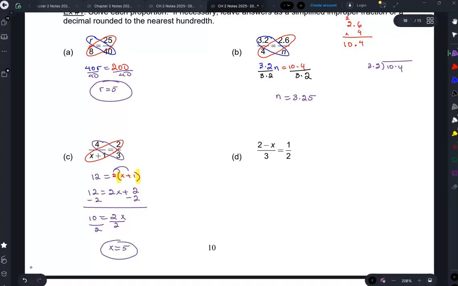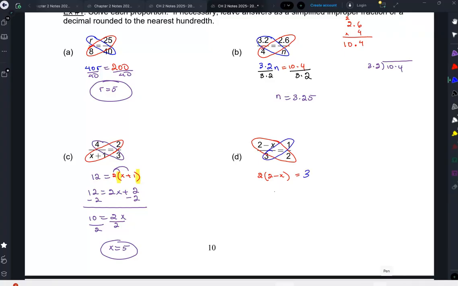Okay. Here. Okay, here we go. Cross multiply. This way, I get 2 times 2 minus x equal to 3. So I distribute: 4 minus 2x is equal to 3. What do I do? Minus 4, minus 4. Negative 2x equals negative 1.